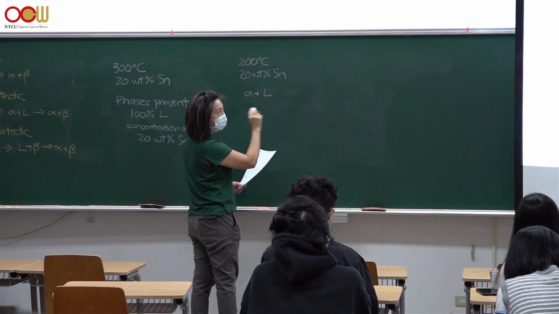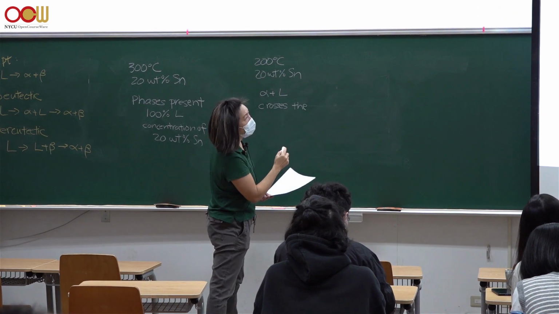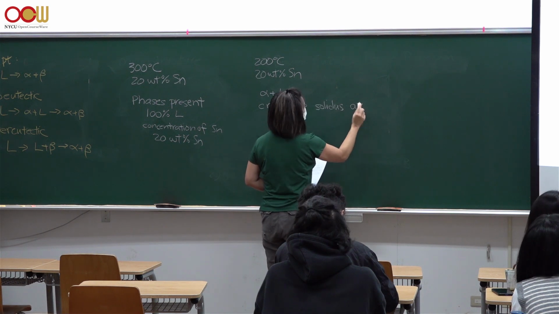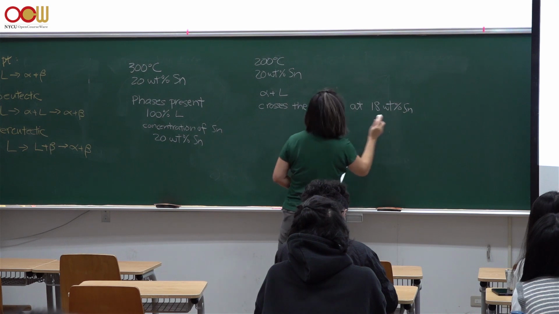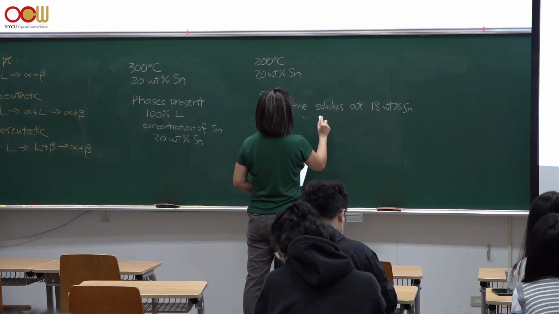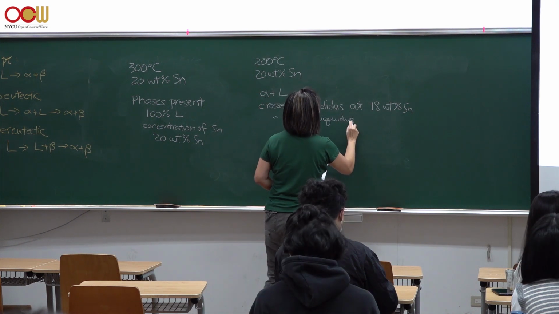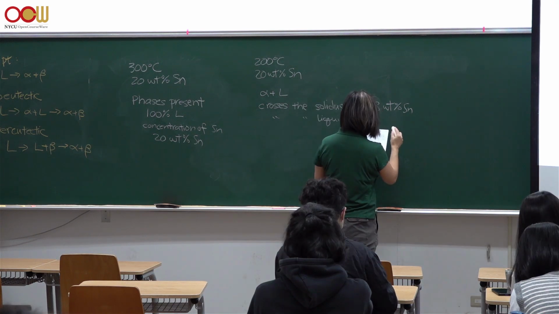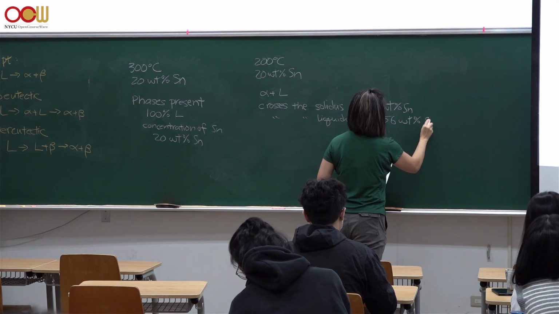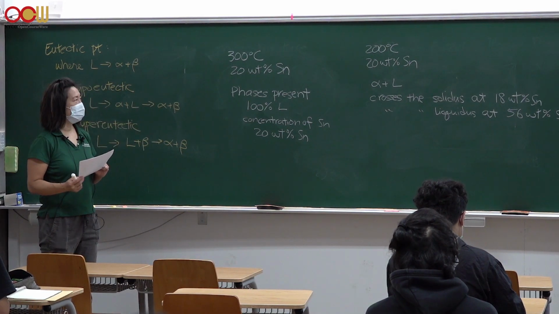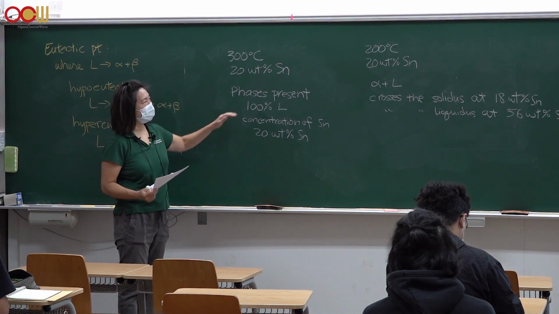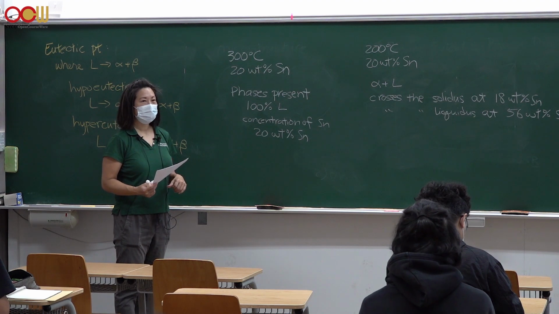So let's say that tie line crosses the solidus at 18 weight percent tin and crosses the liquidus at 56. So go ahead and calculate the percentage of alpha and liquid.